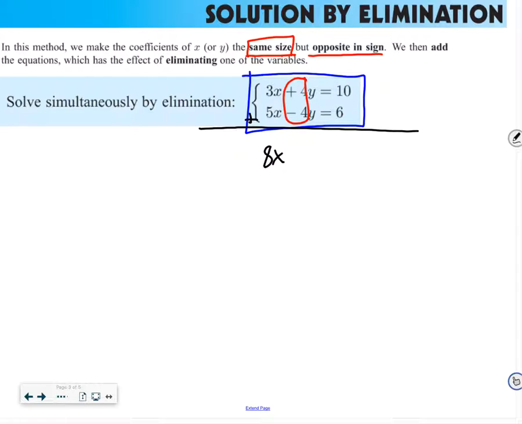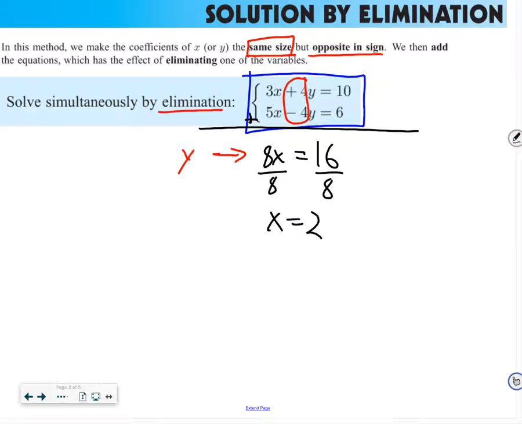Plus 4 minus 4, those are eliminated. And 10 plus 6 is 16. Okay, from that I divide by 8, and I get x is equal to 2. Notice at this step, we have eliminated our y value. It's no longer there because they were additive opposites. So then we get x is equal to 2.